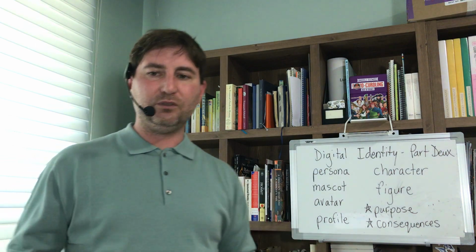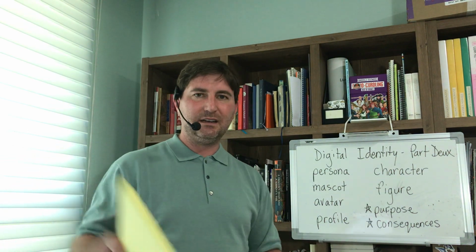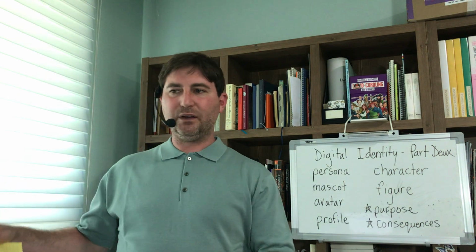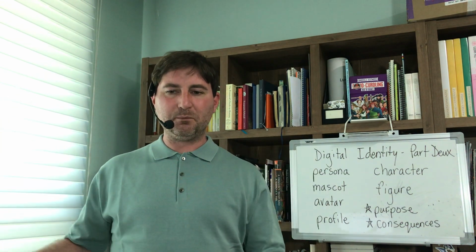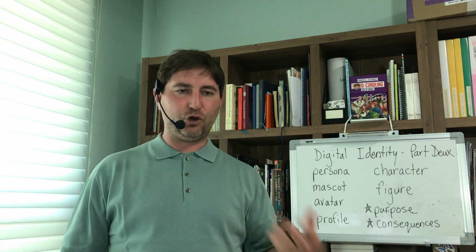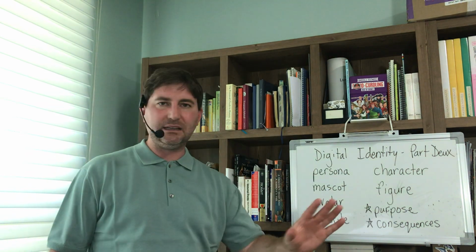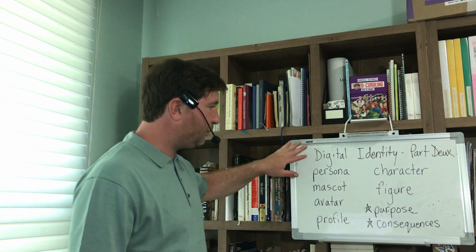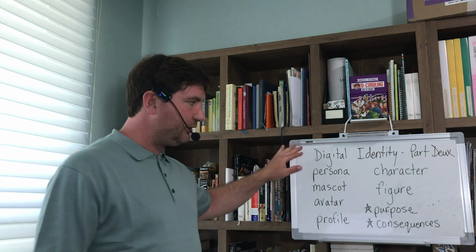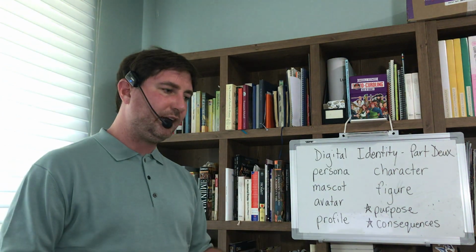An IP number is a digital identity, but that's much, much different than me logging into a game and having a name and a character that is designed to look cool and has a sword and a shield and a helmet or something like that. Those are completely different concepts. So underneath this idea of digital identity, we need to have some narrow definitions of what we're talking about.